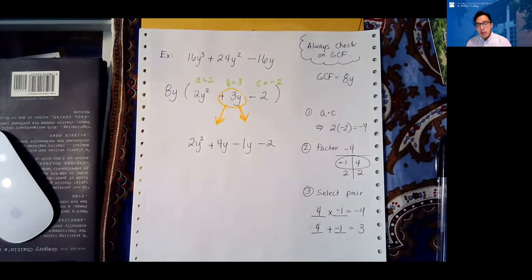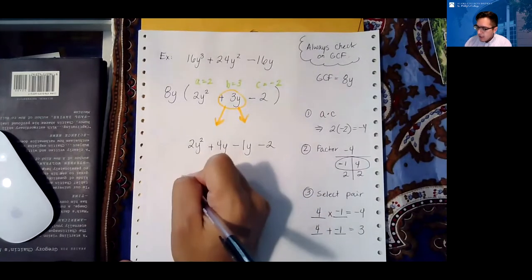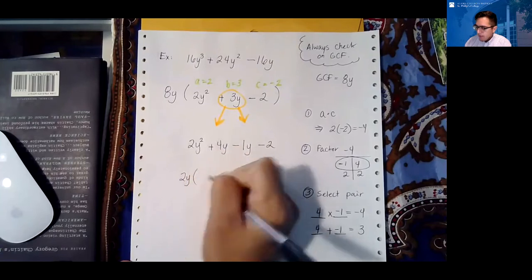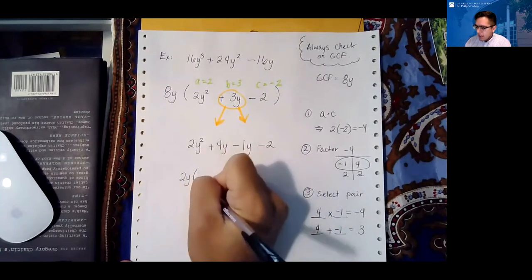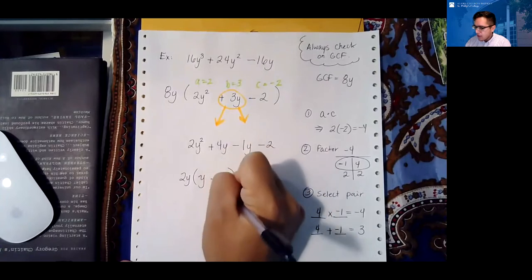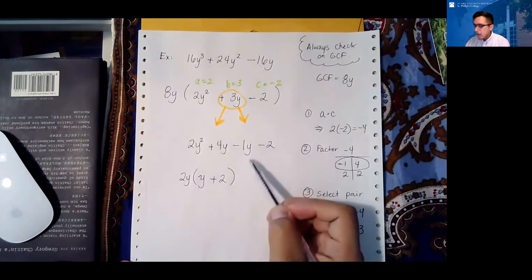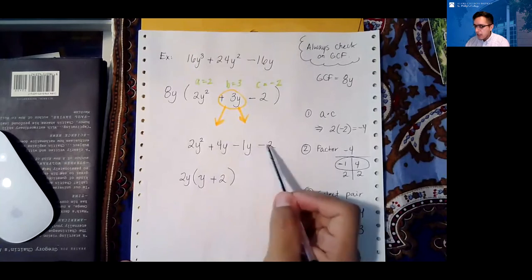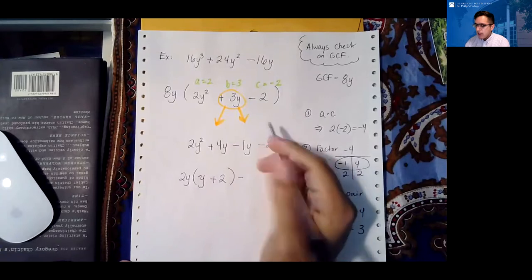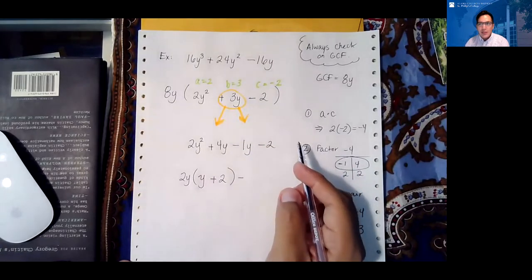Now we can factor by grouping. So the first 2 terms here have a 2y in common. So I'm going to factor out 2y. That leaves me with a y here and a plus 2 there. The last 2 terms are both negative, so I'm going to factor out some common factor that's negative. 1y and negative 2 don't look like they have anything in common. So if they don't have anything in common, they at least have a 1 in common.